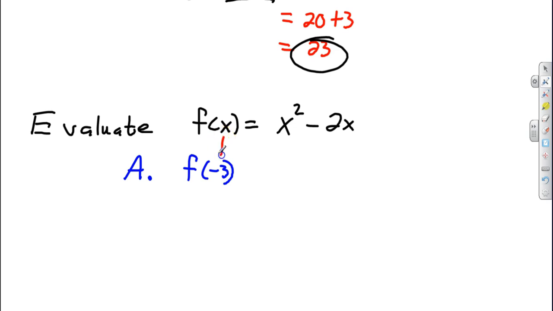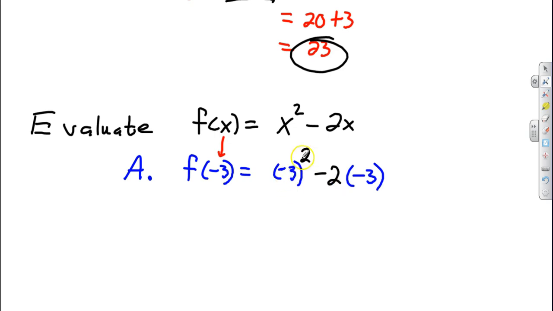Everywhere you have an x, you're going to take the x out and replace it with negative 3. So over here, again, take the x out, replace it with negative 3. And I always tell people, that number is in parentheses. When you plug it back in, leave it in the parentheses because that's still the same thing we're doing back in section 1. The squared was part of the original problem. The minus 2 was times the original problem.